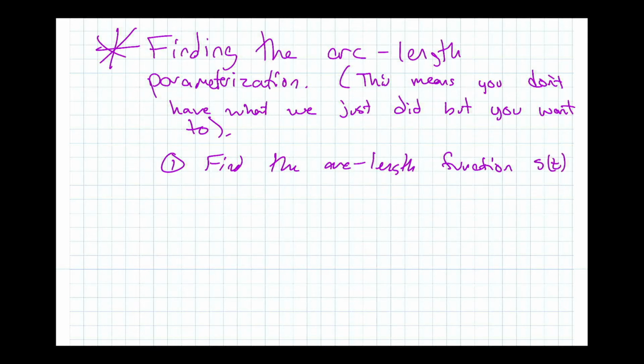When you find the arc length function s of t, it's going to be a function of t, so it could be anything. Just imagine it's like s of t equals 3t plus 2, just a function. That's just an example. Then what you would do is you might be able to solve that for t. Can't always, but you might be able to solve it for t.